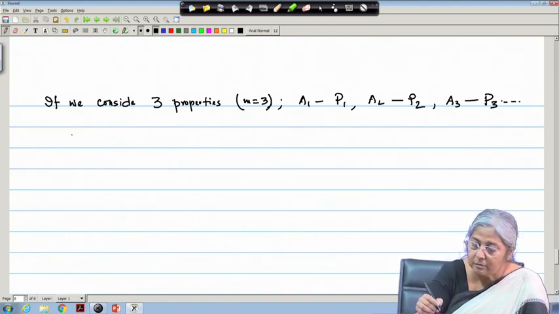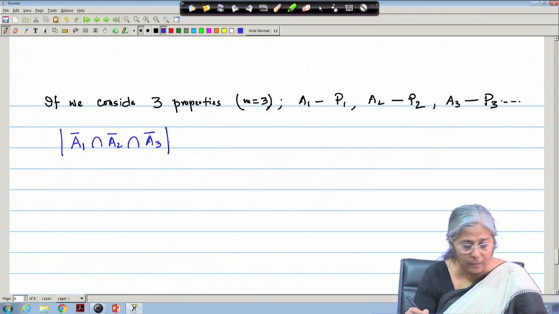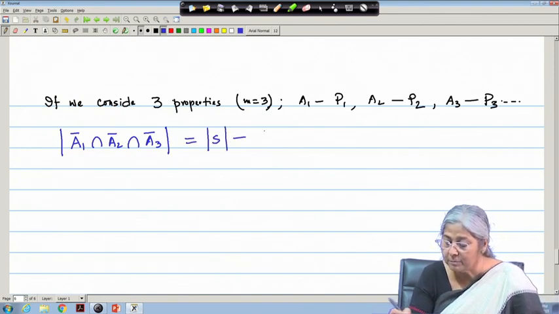Then my inclusion-exclusion principle becomes that which have neither property P1, P2, P3. So, that is A1 complement intersection A2 complement intersection A3 complement, and this becomes the S minus summation.